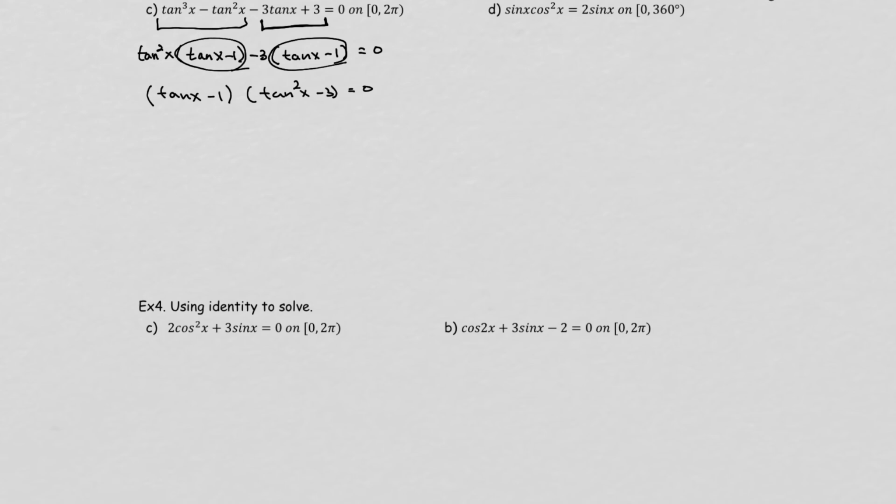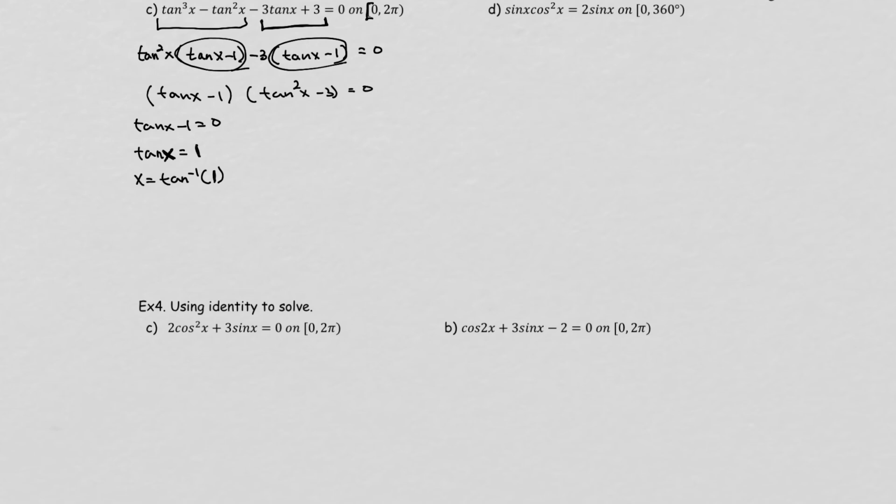Once you have the factored form equal to 0, solve each factor separately. The first factor will give you tangent x equals +1. Again, this is asking which angle gives you a value of 1, right? So you could rewrite this as tangent inverse of 1. And which angle has tangent 1? That's going to be 45 degrees, but they want you to answer in radians.